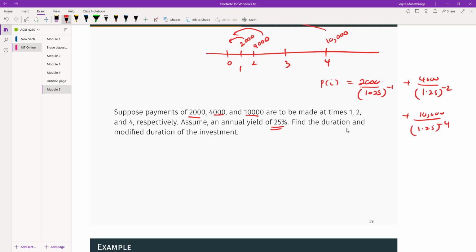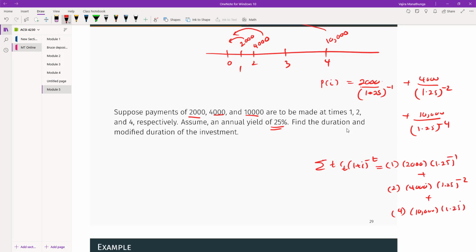Then for the duration, you need to calculate this quantity. Remember, sigma of t times C_t times (1 plus i) to the negative t. So that would be 1 times 2,000 times 1.25 to the negative 1, plus 2 times 4,000 times 1.25 to the negative 2, plus 4 times 10,000 times 1.25 to the negative 4.